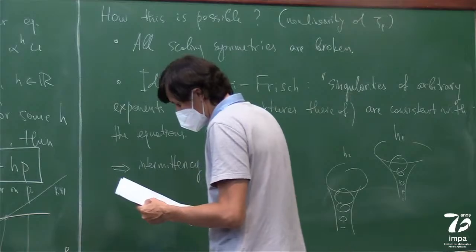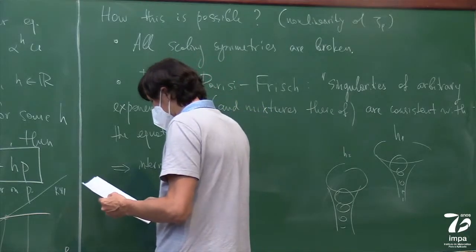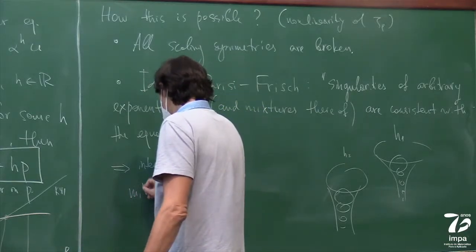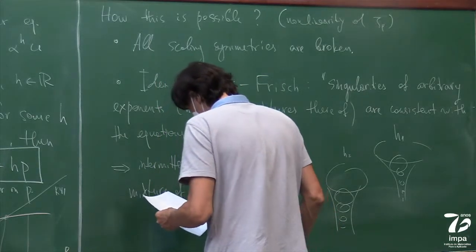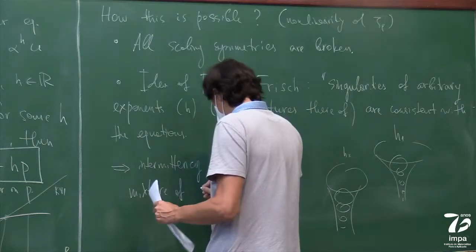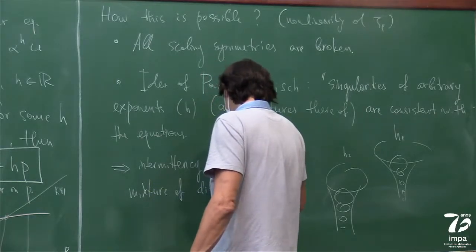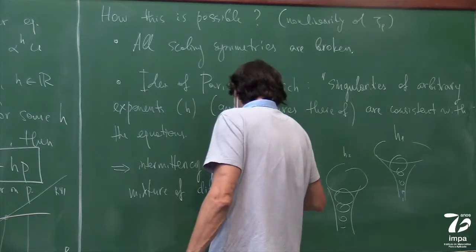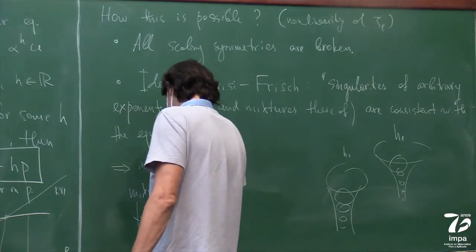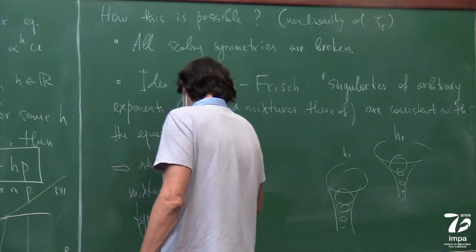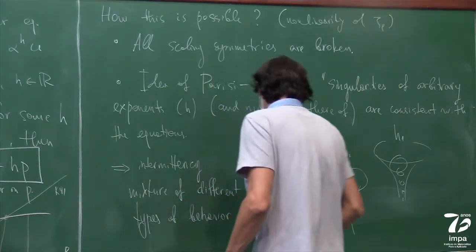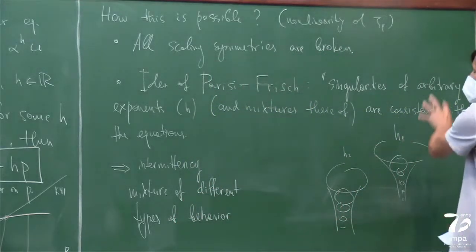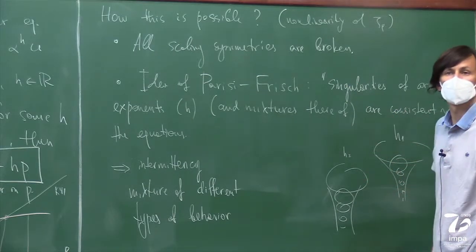So intermittency is a kind of mixture of different types of behavior. Here it's one behavior, then another behavior in another place, another in another.